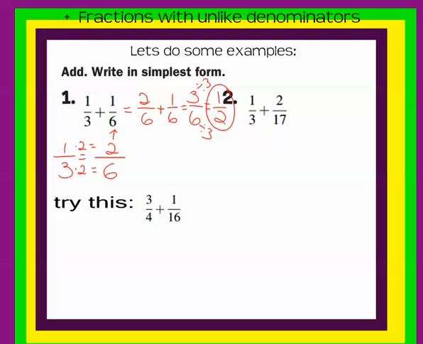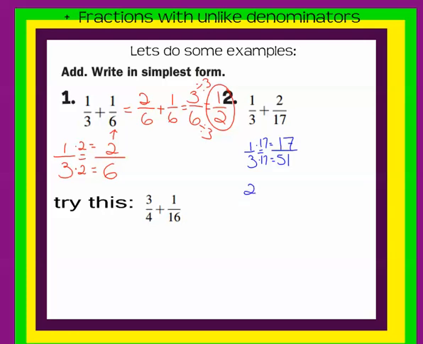For puzzle number 2, my least common multiple for 3 and 17 is going to be 51. So this means I have to find equivalent fractions for both 1/3 and 2/17. So I know that 3 times 17 gives me 51, so that's what I'm going to multiply the numerator by.